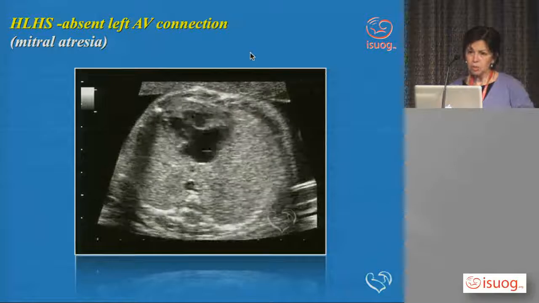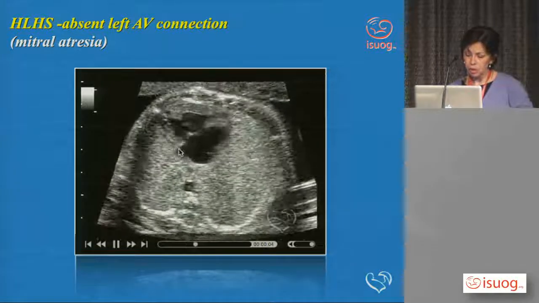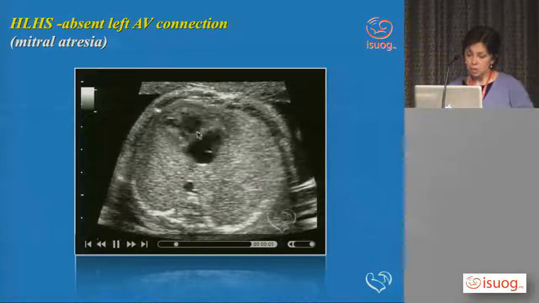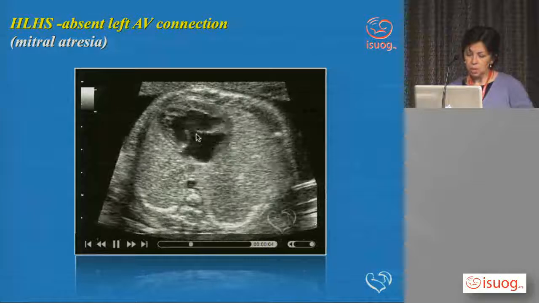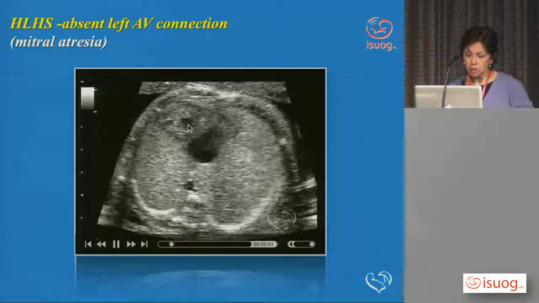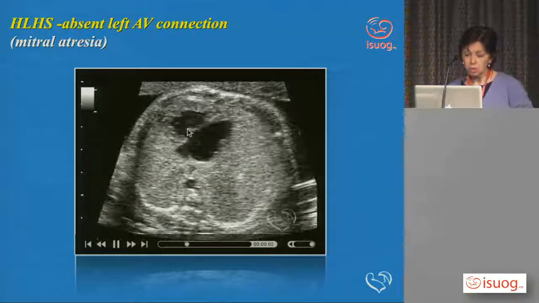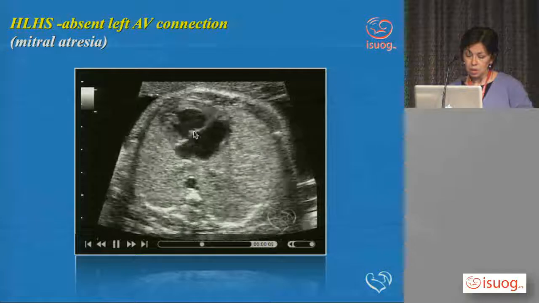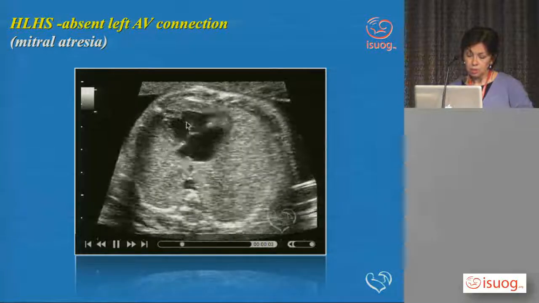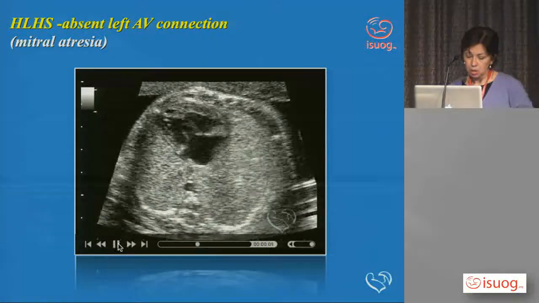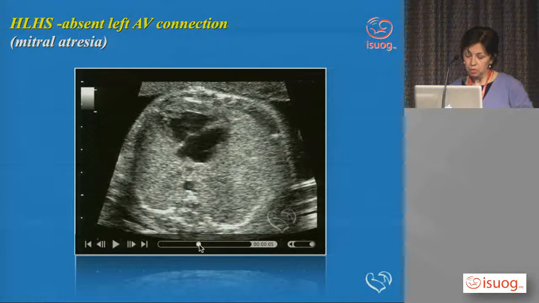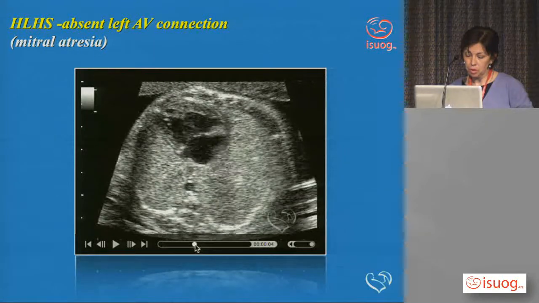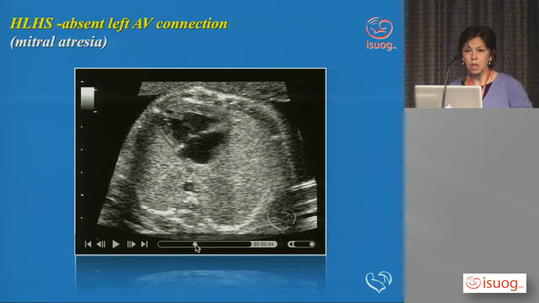So I don't think anyone would miss a case of absent connection if you get a good view of the ventricle. But potentially, if you're in a difficult patient, you can see here there is a papillary muscle right in the middle. And if you're not looking for flow, and if you're not looking, you could kind of fool yourself.